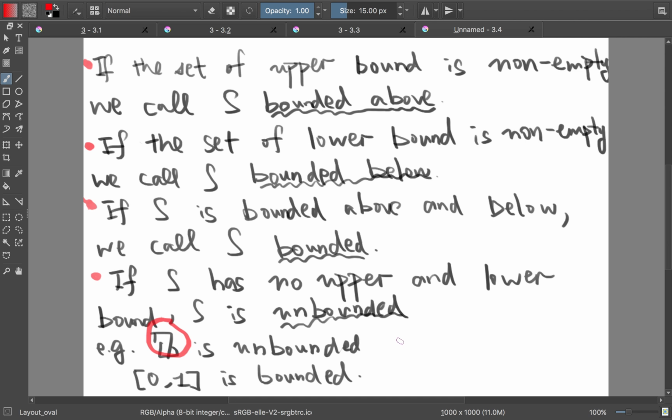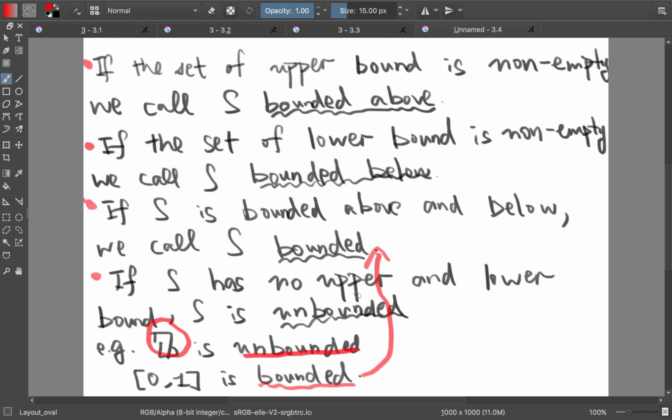The set of all integers includes all negative integers and positive integers, therefore there is no upper bound or lower bound for the set of all integers, and therefore Z is unbounded. On the other hand, remember that we studied the case of the closed and bounded interval [0, 1]. Why do we call it closed and bounded? Because it is indeed bounded from our definition above.